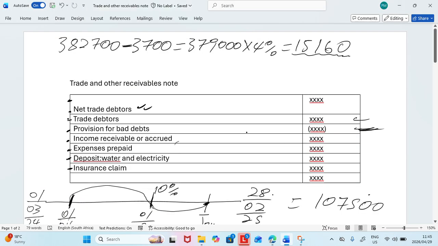What else do we record from that note, guys? We did record income receivable. We just calculated the income receivable from rent information. Expenses prepaid. Do we have any expenses prepaid? Let's check.